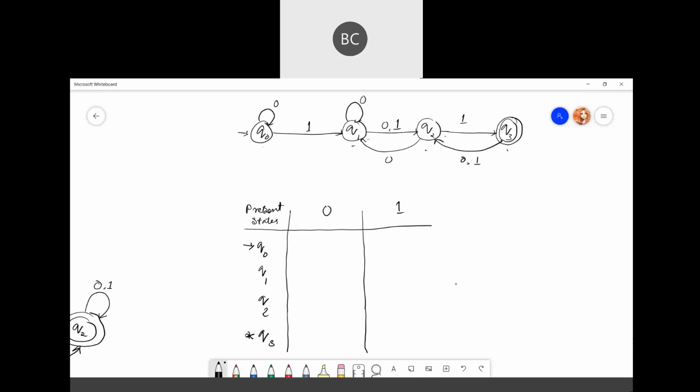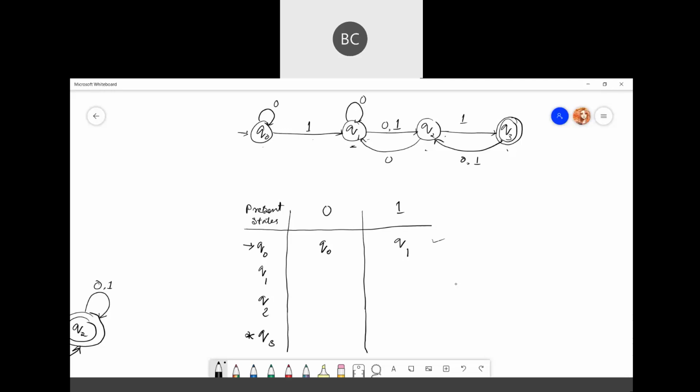So the next state for Q0 after taking 0 is Q0 itself. Now what's the next state for Q0 on 1? When it reads 1, it goes to Q1. You just need to follow the arrows. Okay, so this row is done.